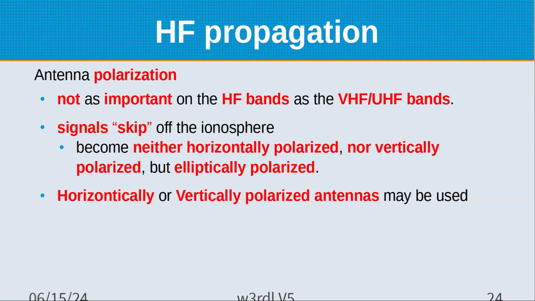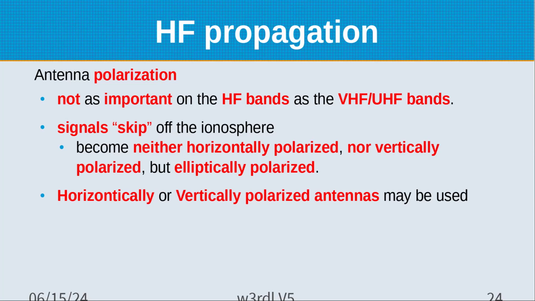You need to have the same polarization. One sort of exception is if you're trying to communicate with a satellite or the space station, because they rotate. Their antenna is physically rotating, so you do have a rotating polarization.